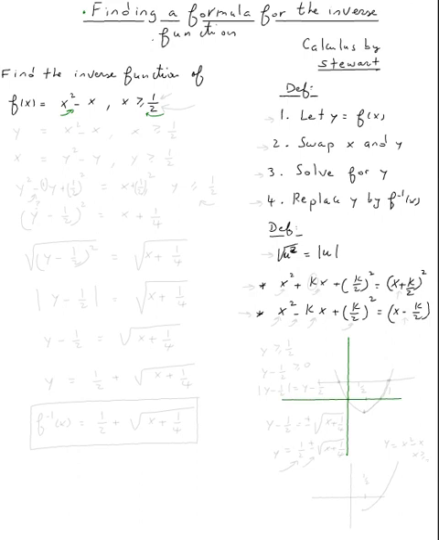If you factor, you'll get roots 1 and 0. So it looks something like that. It's not one-to-one because it doesn't pass the horizontal line test, right?